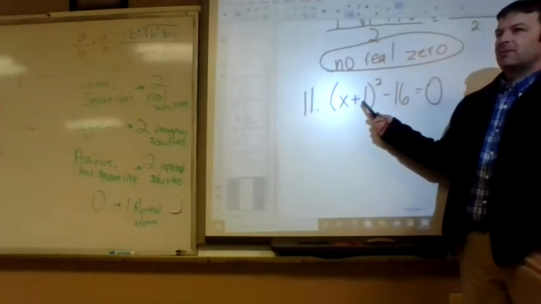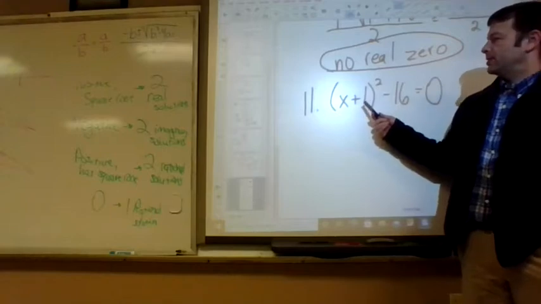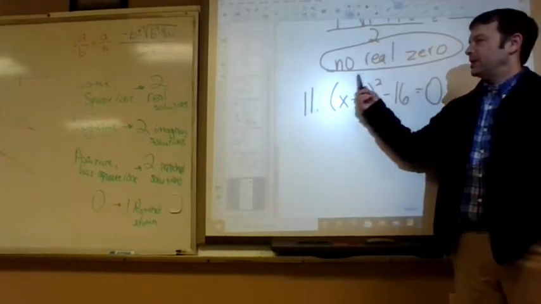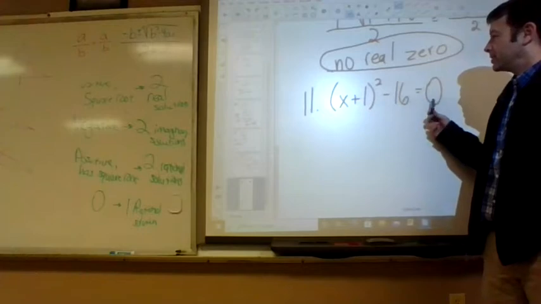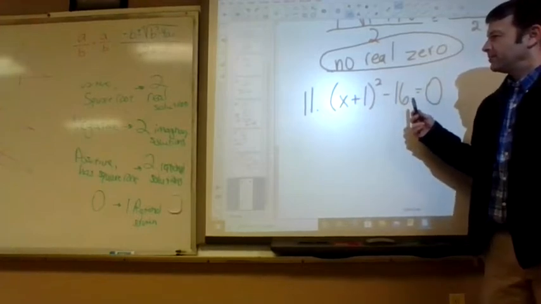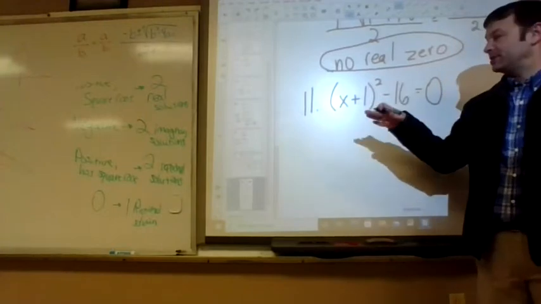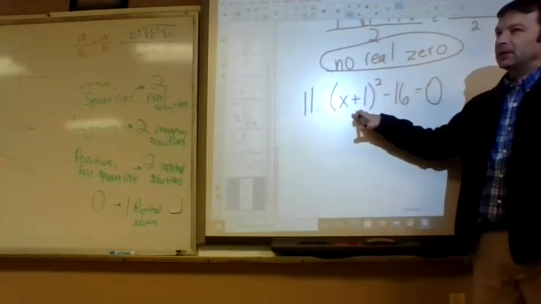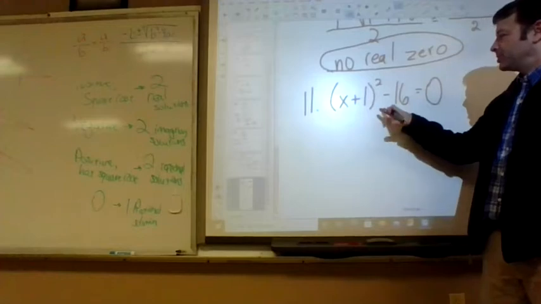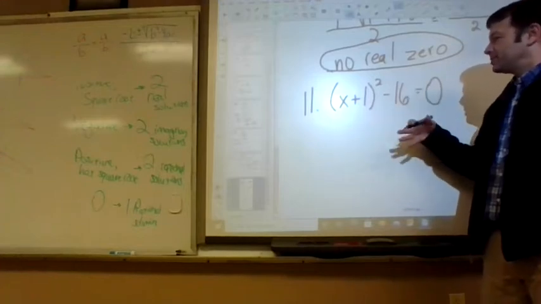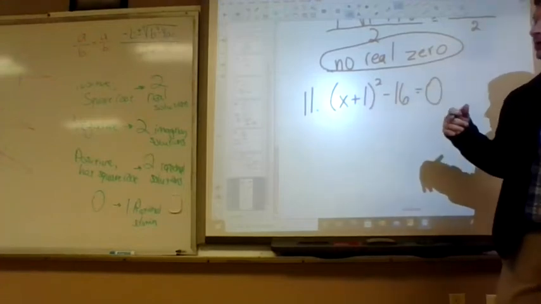Square root? Well, no, you'd have to square root the whole side, you can't just square root one thing. x plus 1 times x plus 1, it's like a FOIL problem. So I could FOIL that out, and then subtract 16, and then it would look like the other problems.